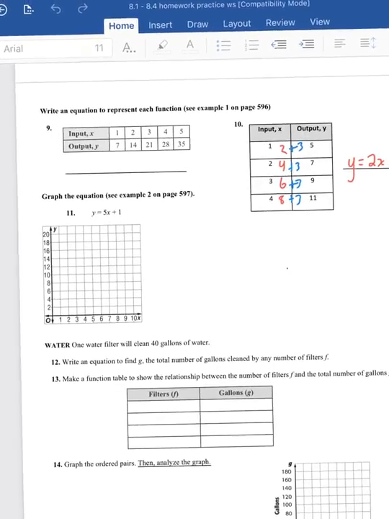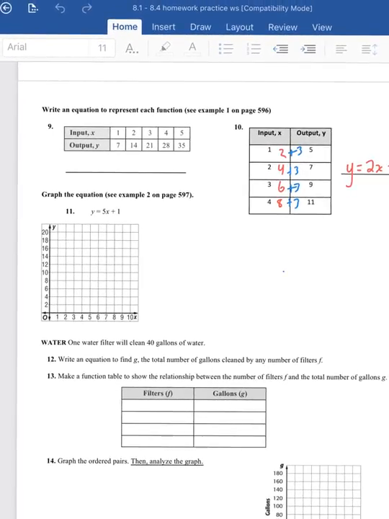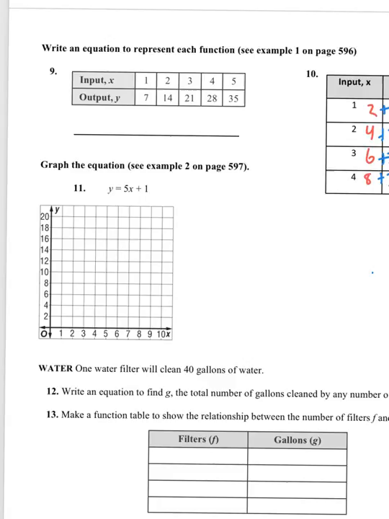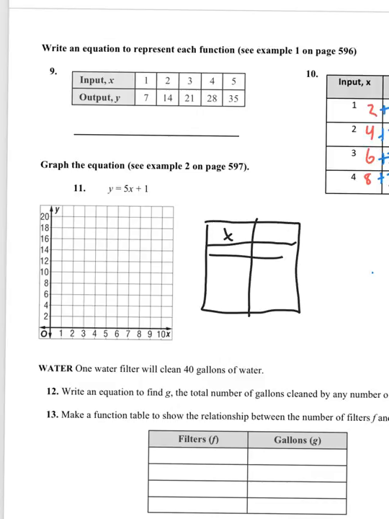Now number 11, I am not going to do, but I am going to give you a hint. My hint would be to make an XY table, and then come up with a couple values of x. I usually use 0, 1, 2, 3.